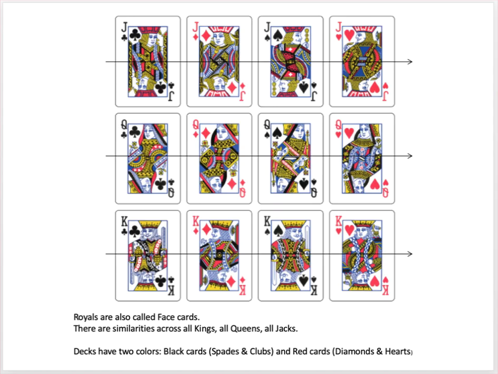The face cards are also called the royals. I'm just going to call them face cards. And one thing about these is that there is a similarity across all of the jacks, all the queens, and all the kings. So if you look at a traditional deck, first of all, the queens, it's very easy to see that these are all women, right? But with the kings, it's the same guy.